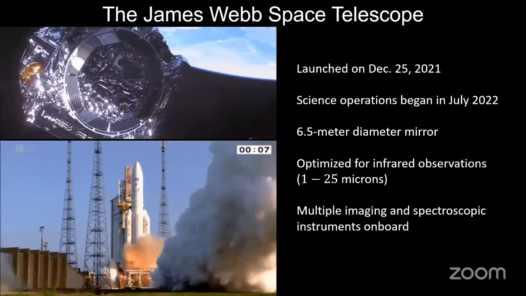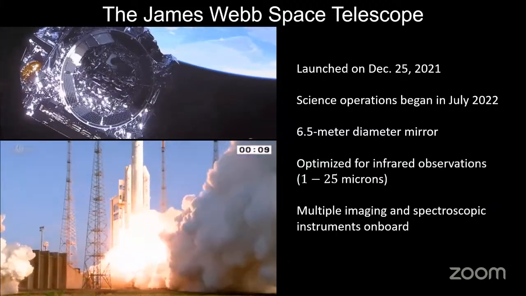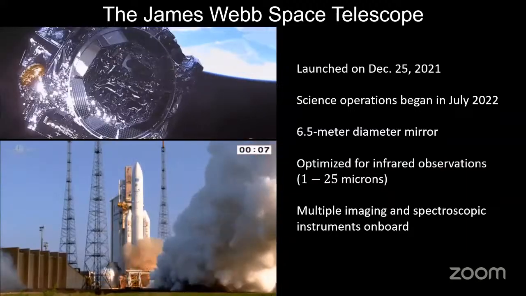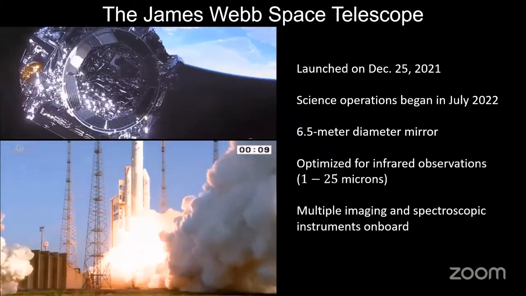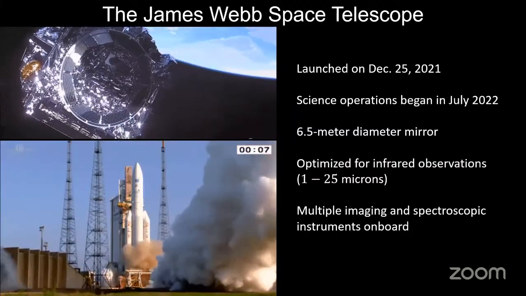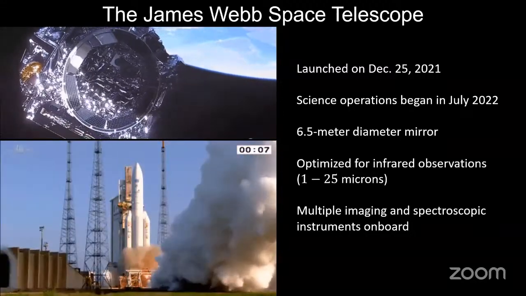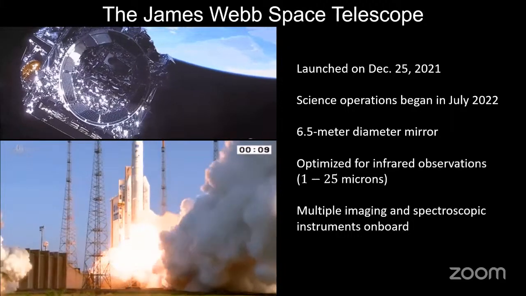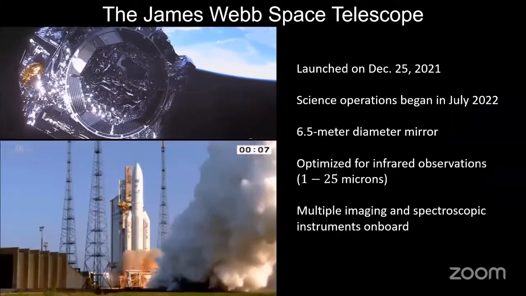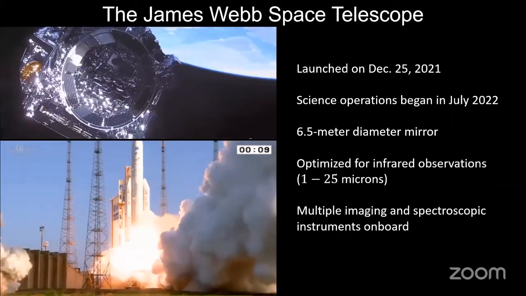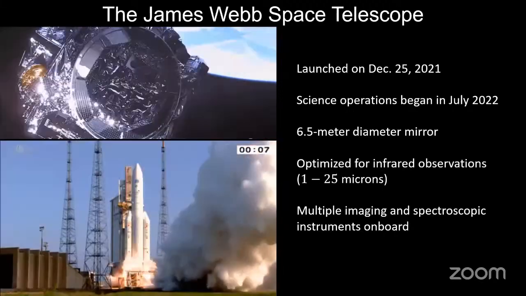So it's really good and designed for observing galaxies in the distant universe because, again, if they emit light in the optical or ultraviolet, by the time it reaches our telescopes, it's been stretched out to infrared wavelengths. And it has many different scientific instruments on board that allow us to take images and data on objects in the universe to learn about them.